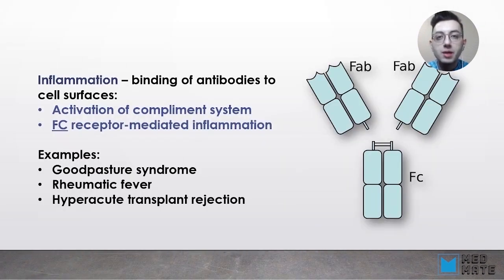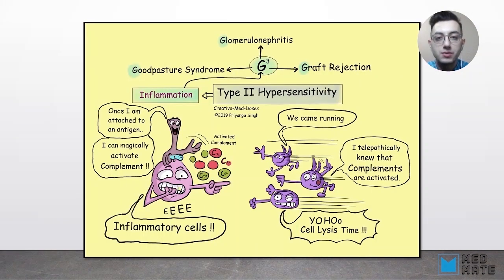When we talk about inflammation, which is also a consequence of type 2 hypersensitivity, we are talking about binding of antibodies to cell surfaces. This leads to activation of the complement system and Fc receptors that mediate inflammation. Examples are the G3: Goodpasture syndrome, rheumatic fever, and hyperacute transplant reaction.